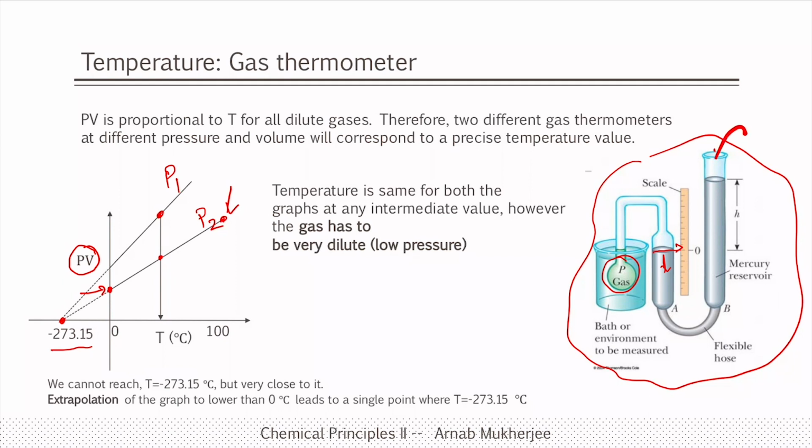However, you put more mercury here in order to keep the level at 0. So, therefore, it is a constant volume process where the volume of the gas is not changing. However, it is balanced by pressure of the mercury.